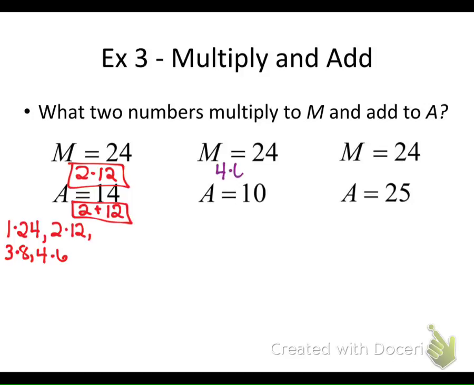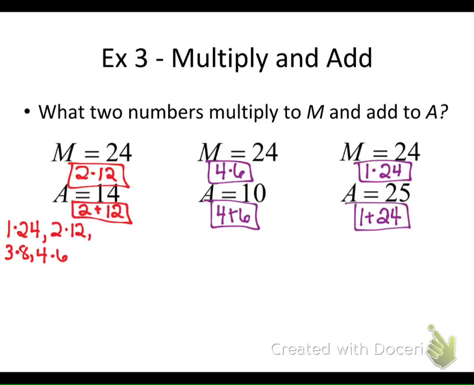So we have 4 times 6 and 4 plus 6. All right. 1 and 24. Very good. 1 plus 24 is 25. Awesome. See, that's not too bad, is it?